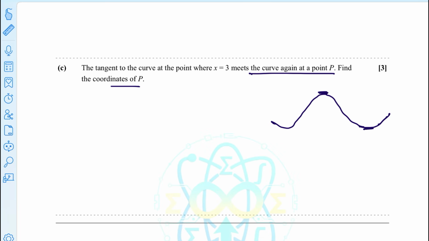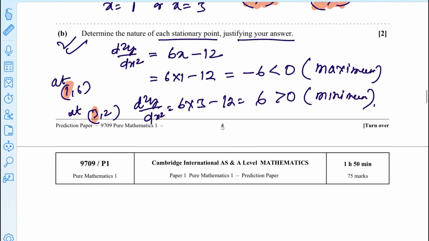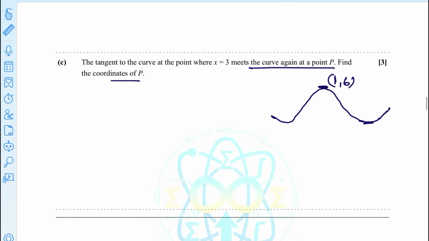For example, 1 comma 6 is the maximum point, and 3 comma 2 is the second turning point. Now the question: what is given is the tangent to the curve at the point x equals 3.